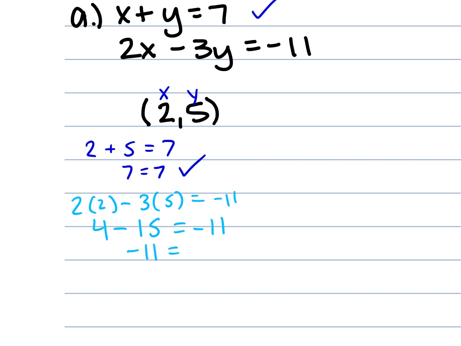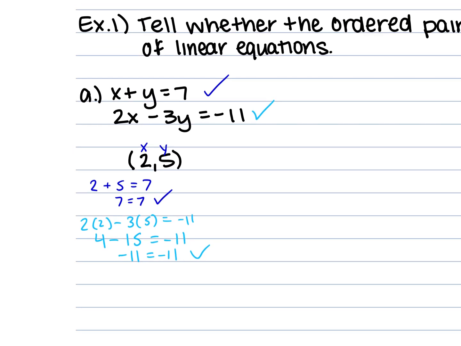Negative 11. So does negative 11 equal negative 11? Yeah. So the second one is true too. If it works in both of them, then we can say, yes, it's a solution. You have to show me that it's a solution by plugging them into both equations. So I have to see your work here.